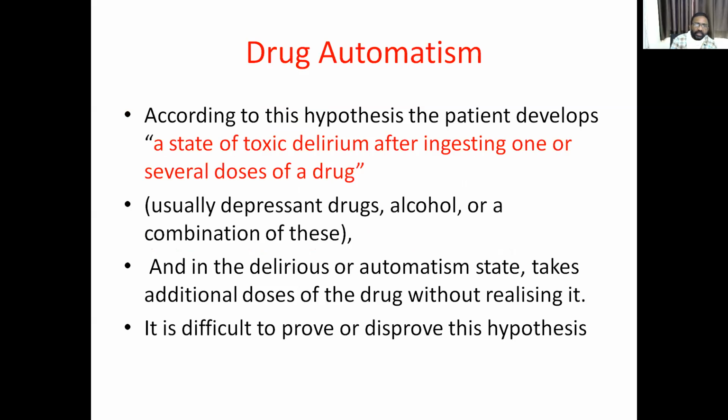Drug automatism is a state of toxic delirium after ingesting a poisonous substance. In that delirious state, the person will take additional doses of the poisonous substance without realizing that the delirium is produced due to that toxic substance. Taking these repeated and additional doses is known as drug automatism.